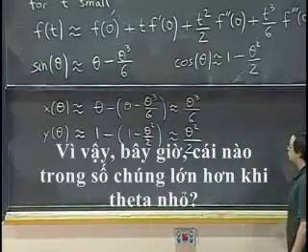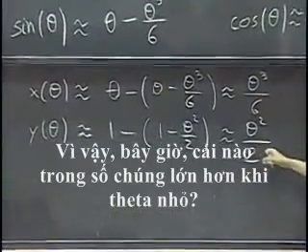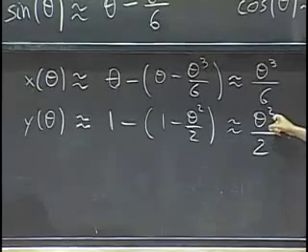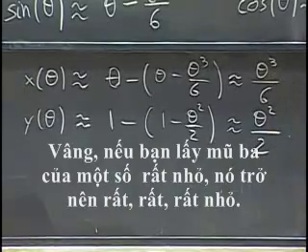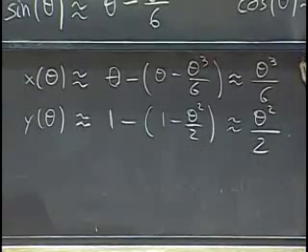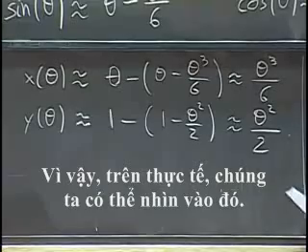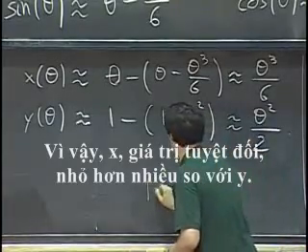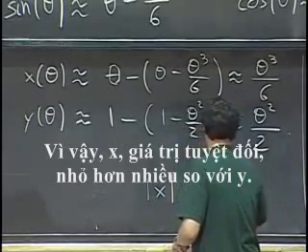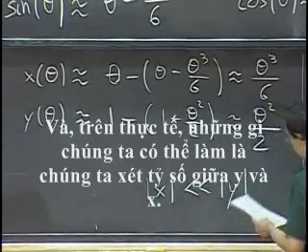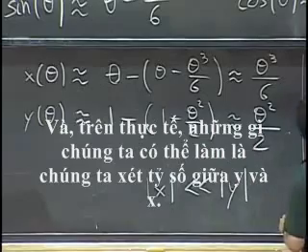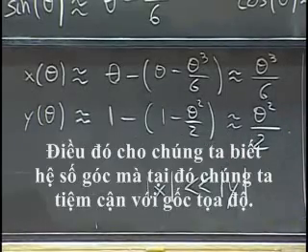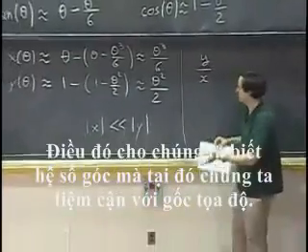So now which one of them is bigger when theta is small? Yes, y is much larger. If you take the cube of a very small number, it becomes very, very small. So x in absolute value is much smaller than y. And in fact, we can look at the ratio between y and x, which tells us the slope with which we approach the origin.